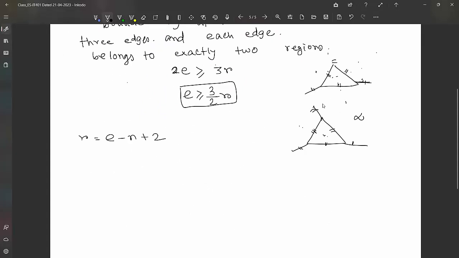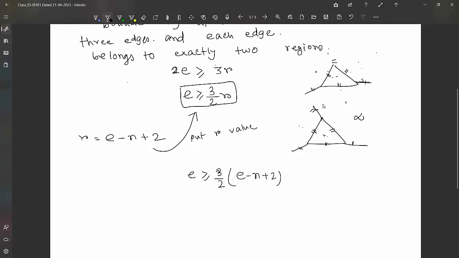Now from here you can calculate the value of e, or you can put the r value directly in this equation. Putting in the r value, we get e greater than or equal to 3 by 2 into (e minus n plus 2).